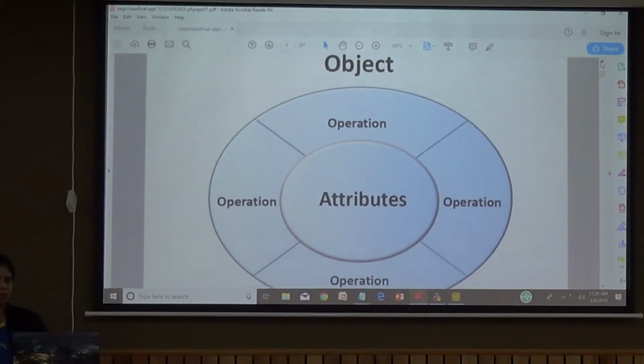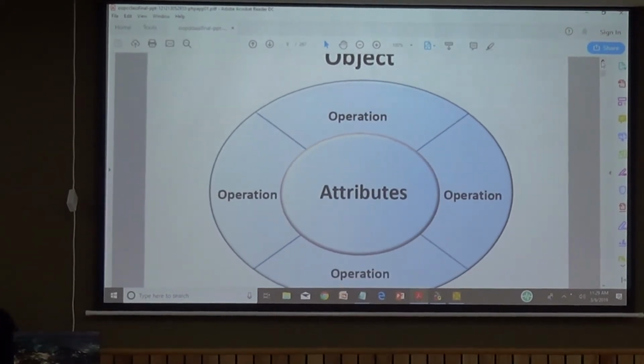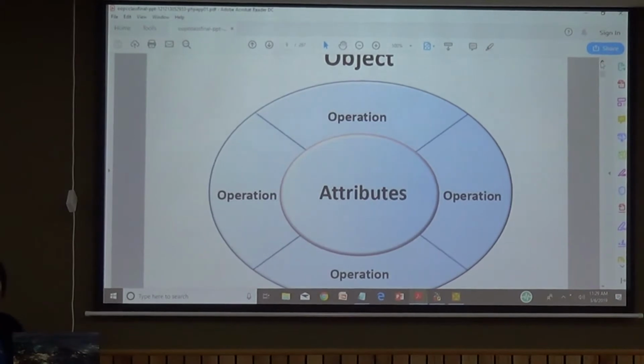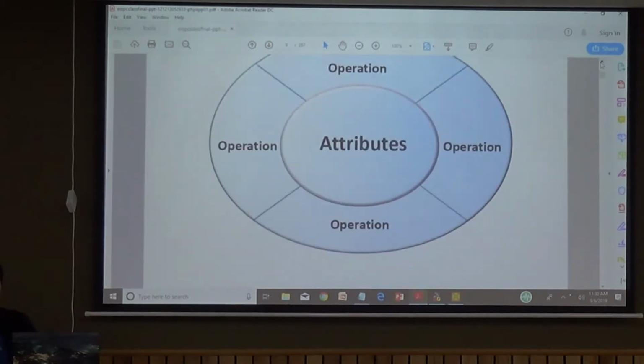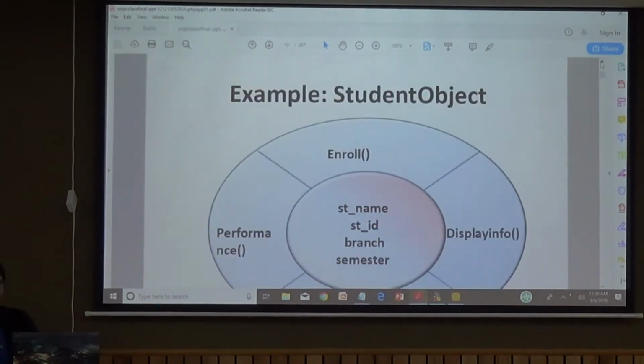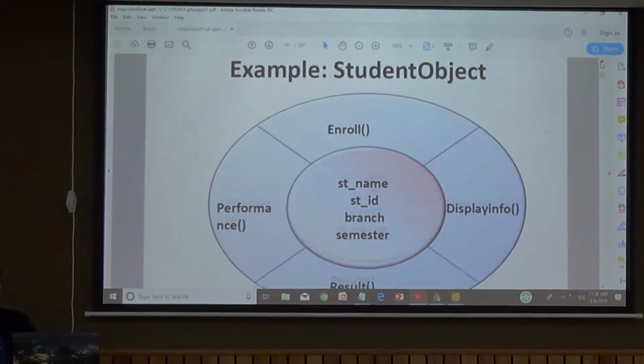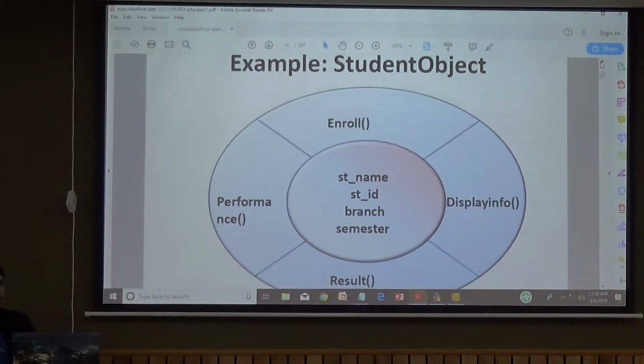If I talk about object, object has certain attributes and operation. What does operation mean here? The functions. Right? So all the objects will have certain attributes associated with that particular object and certain functions. For example, I have a student object.